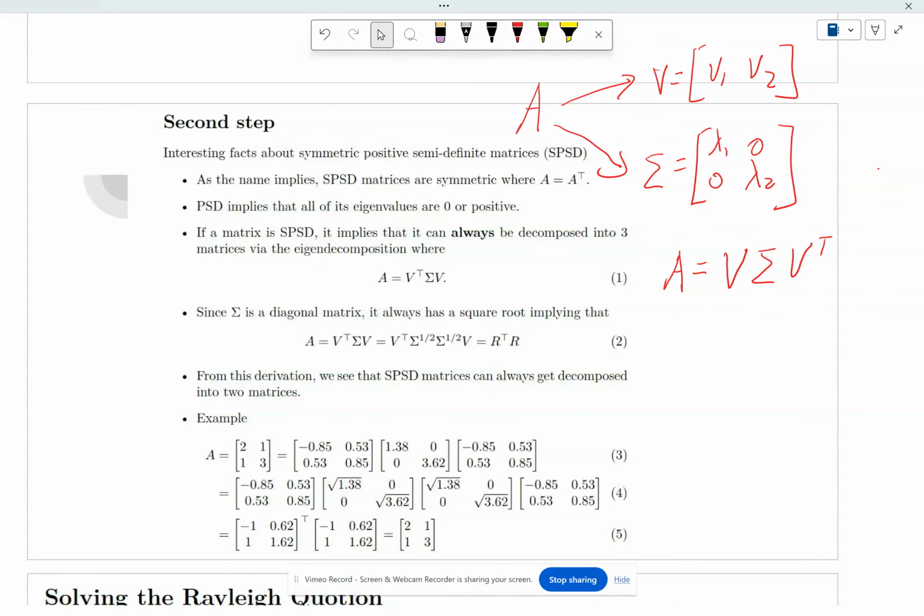Now, the interesting fact about a symmetric positive semi-definite matrix, basically a matrix that is symmetric and has eigenvalues that are always positive or zero. The interesting fact about those matrices is that you can always perform eigendecomposition.